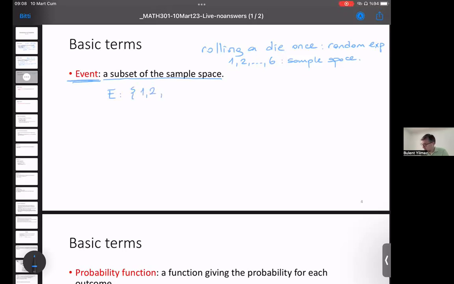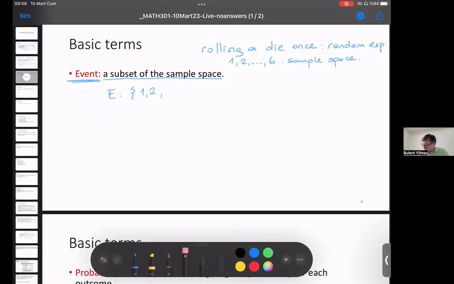Even numbers means 2, 4, and 6, right? So this is an event.